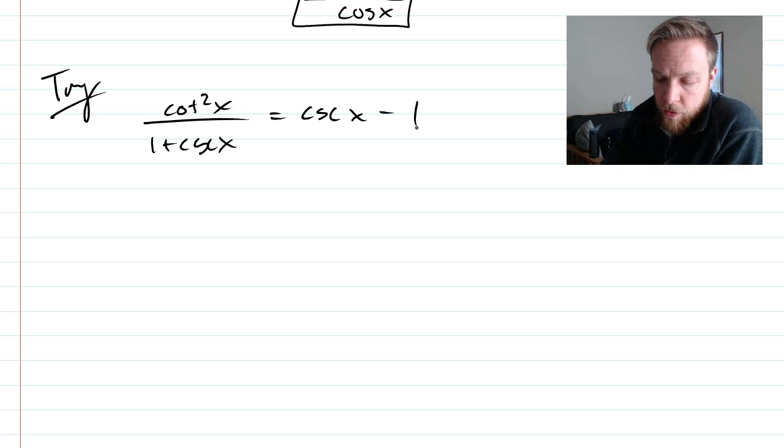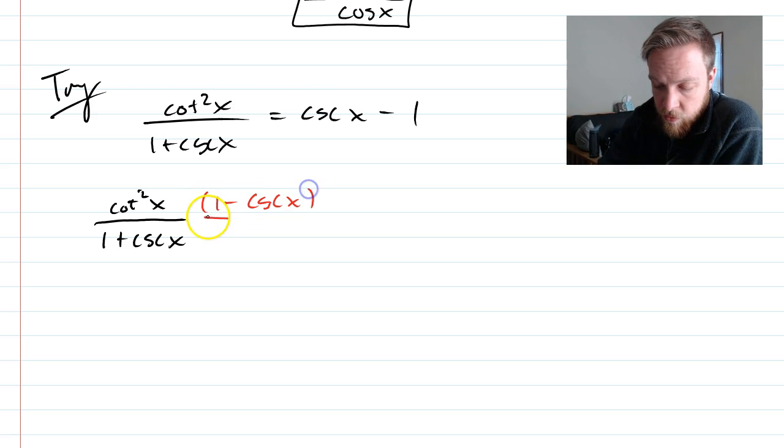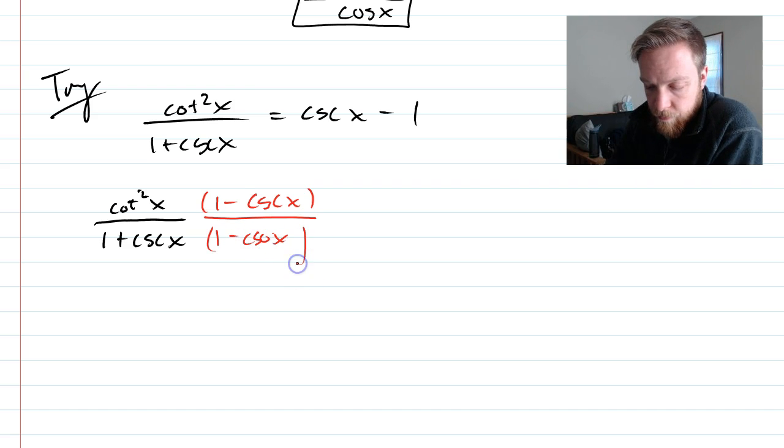Okay, now I'm going to take the most complicated side, the left side, and I'm going to do the conjugate. So this is cotangent squared of x all over 1 plus cosecant of x. And I'm going to multiply by 1 minus cosecant of x all over 1 minus cosecant of x.